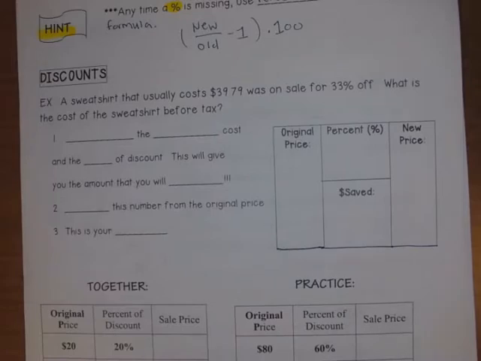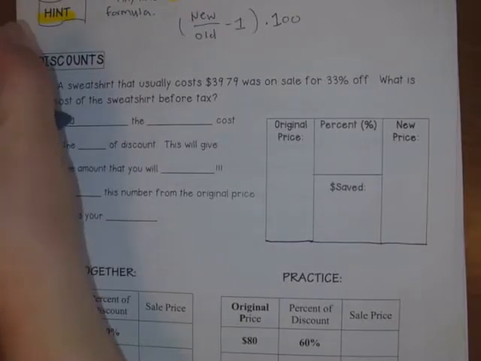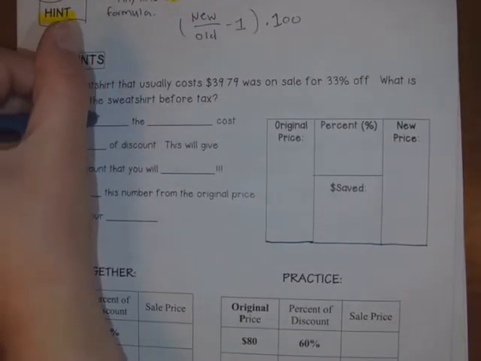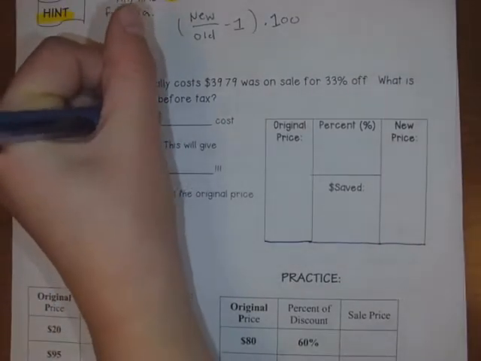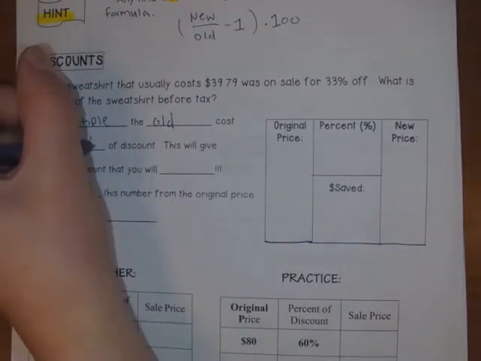So, first of all, your example reads, a sweatshirt that usually costs $39.79 was on sale for 33% off. What is the cost of the sweatshirt before tax? Okay, and so your step 1 is you are going to multiply the old cost, or the original cost, and the percent of discount.